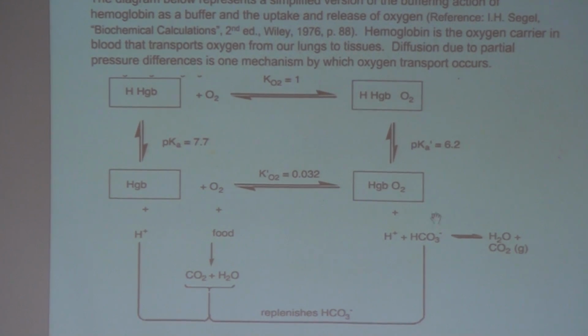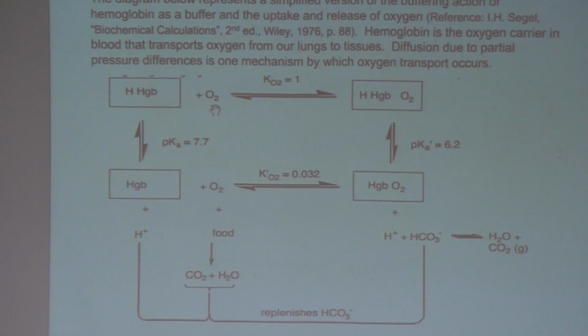For example, we talked about which form of hemoglobin is present in our lungs, and it was actually HHgb, because when this HHgb binds to O2, what happens?